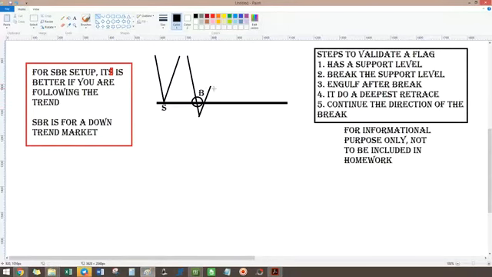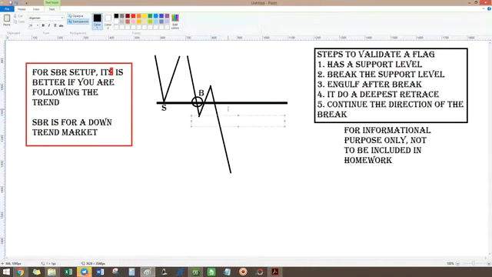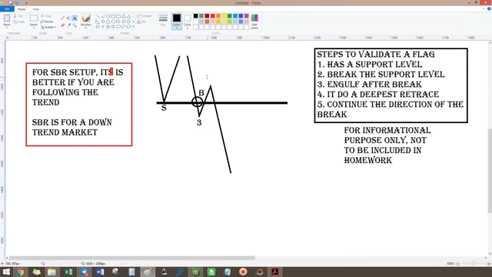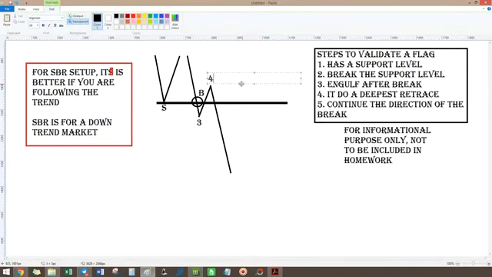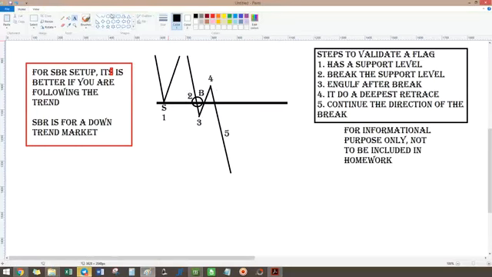This is the deepest retrace, and then it continues the direction like this. So you will have this as your 3, 4, your 5. This is 1, this is 2. So here is your flag.